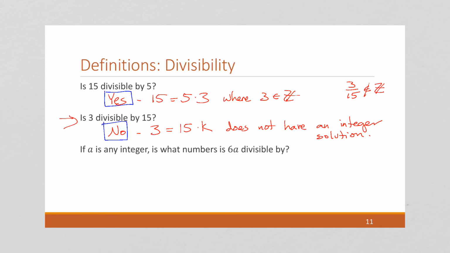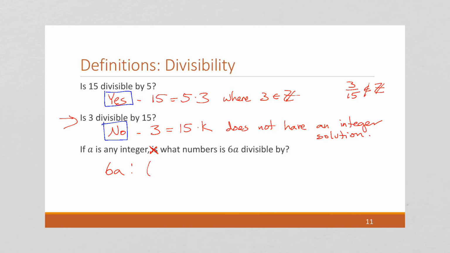And finally, if a is any integer, let's cross it out, there's a typo. If a is any integer, what numbers is 6a divisible by? Well, we sort of saw some of these before.